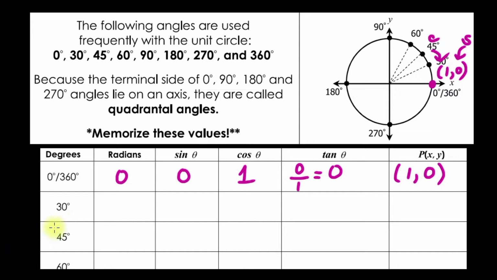Next, we're going to look at 30 degrees. To change 30 degrees to radians, you multiply by pi over 180. If you multiply this by pi over 180, you get pi over 6. Then to find sine, cosine, and tangent, you need to look at the 30, 60, 90 special right triangle.